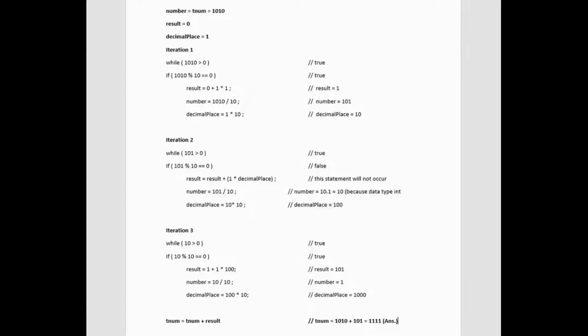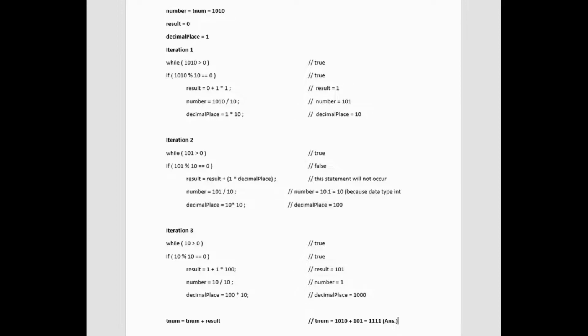But the type taken here is integer, so it will say 10. So number equals 10. And for the decimal place, earlier it was 10, so here we write decimal place into 10, that is 10 into 10, it will give decimal place 100.